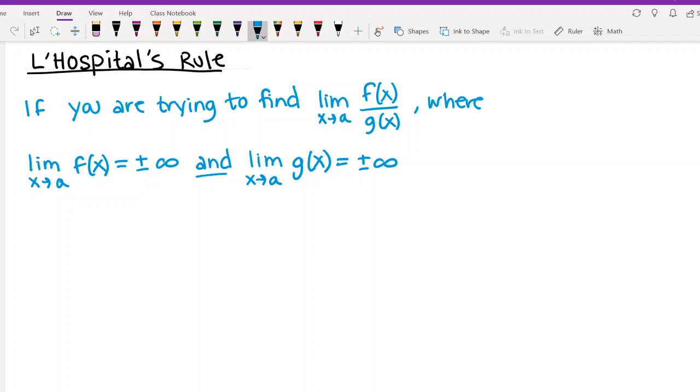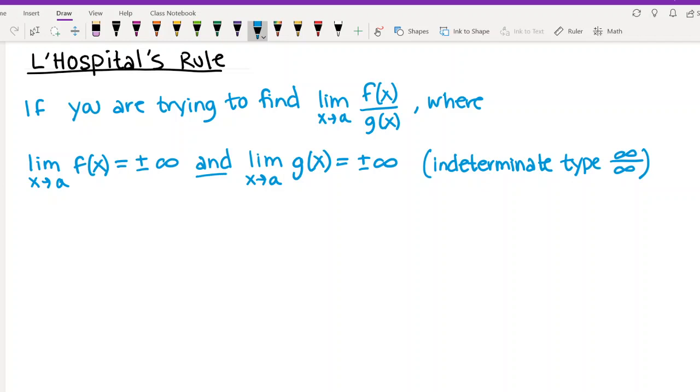So if both the numerator and denominator are going to plus or minus infinity, and this, by the way, is sometimes referred to as indeterminate type infinity over infinity. It does not mean that the limit equals infinity over infinity.